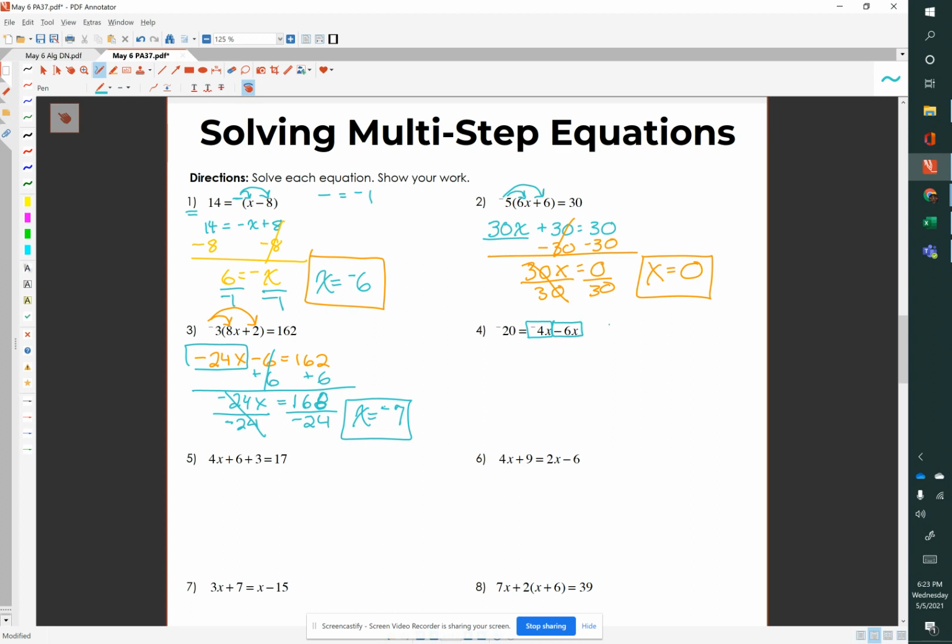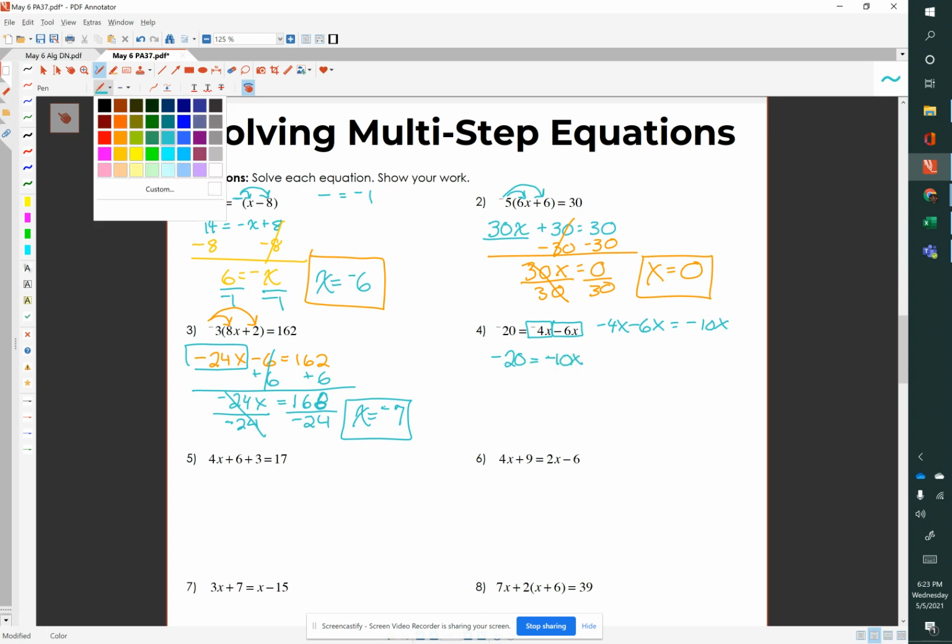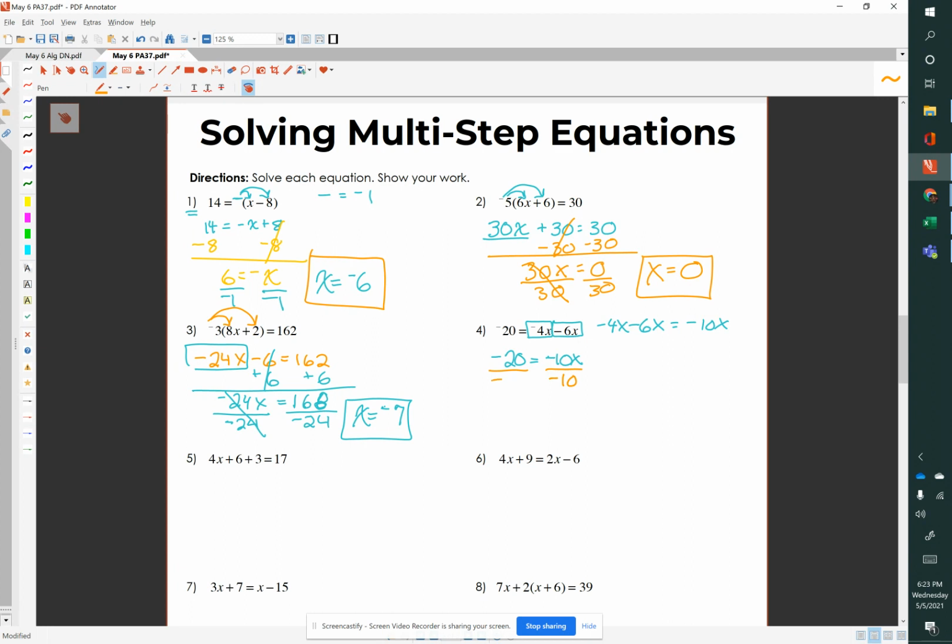So we think about it like this: negative 4x minus 6x equals negative 10x. So let's combine like terms before we do anything else. So it's negative 20 equals negative 10x. Now we can go ahead and divide both sides of that equation by negative 10. That's going to allow us to isolate x.